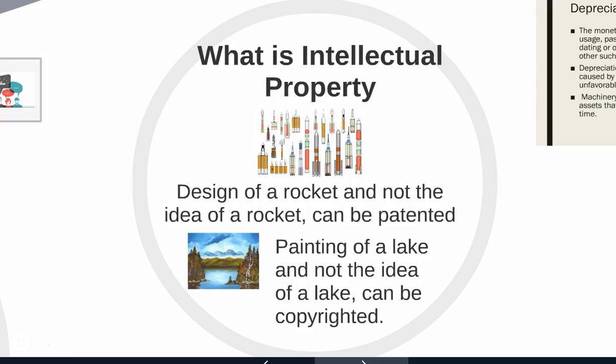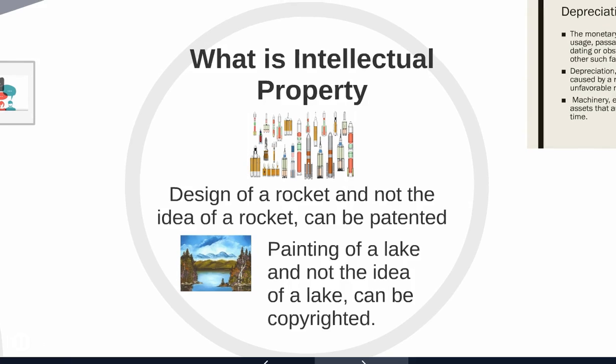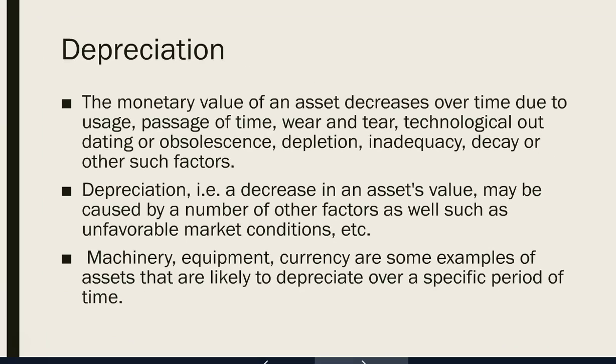Now, while fixed assets have a useful life exceeding 1 year, we pay the entire cost of the fixed assets at the time of acquiring the fixed assets. But the monetary value of an asset decreases over a period of time. So why does the monetary value of an asset decrease over a period of time?